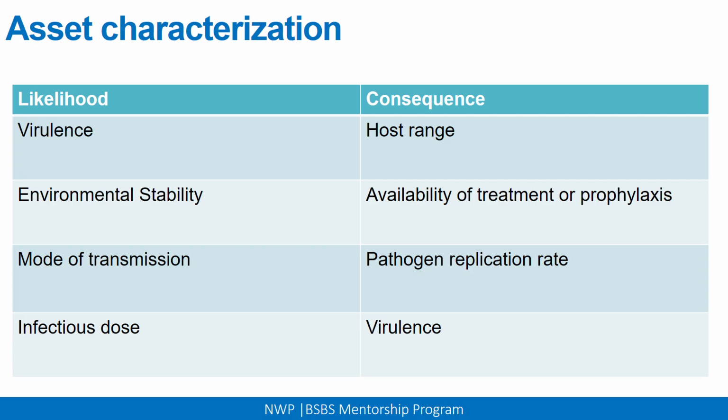Because if it can only infect humans, it means maybe it can't go to cattle, and therefore maybe only humans will die. And if cattle don't die, it means that the food source will be safer, but what will be affected is the humans. But if it can affect both humans and animals, it means that if you survive the infection, you will find that maybe you will not have anything to eat in terms of meat, because maybe all your cattle will die.